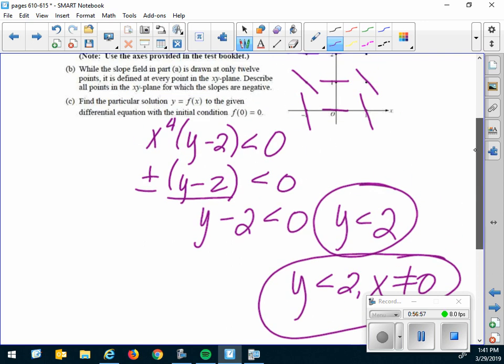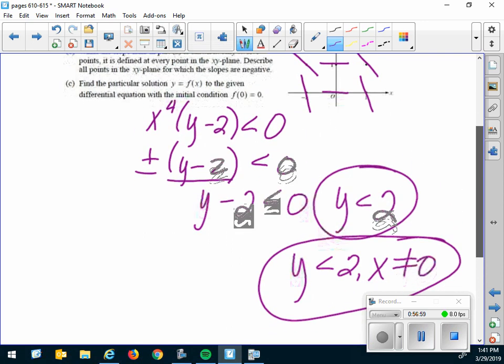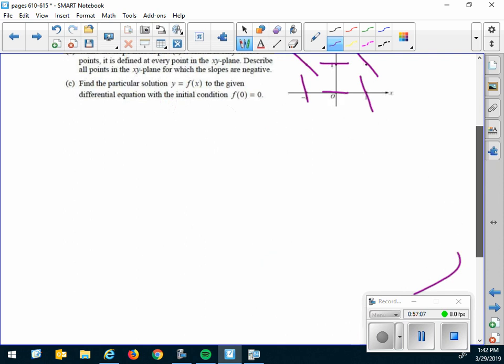Let's do part C. Find the particular solution. That's what we just finished doing, right? I want you to do that. Work together. I'll do it up here. This is separating the variables. What's that? What's that look like?